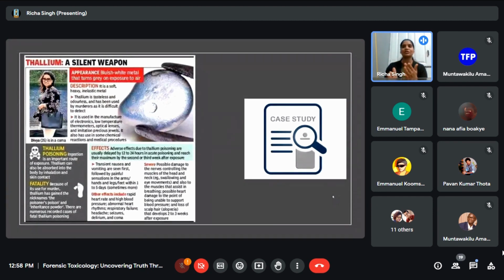They were admitted to the hospital. As thallium is a slow acting poison, its severity is visible only after a good 2 to 3 weeks. So once the poison was given to them, they had breathing issues, high heart rate, high blood pressure, and they were admitted. And later, after 2-3 weeks, even after the treatment, they were not getting rectified as such.